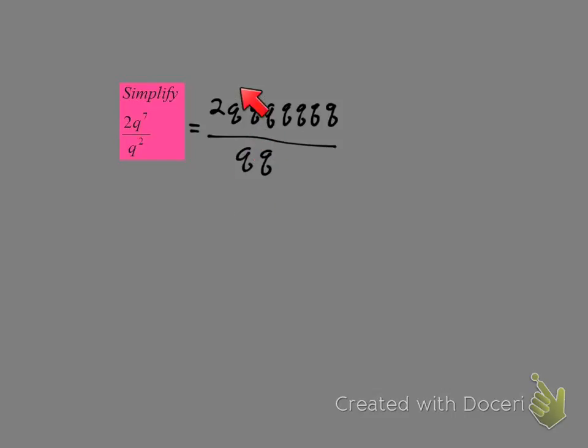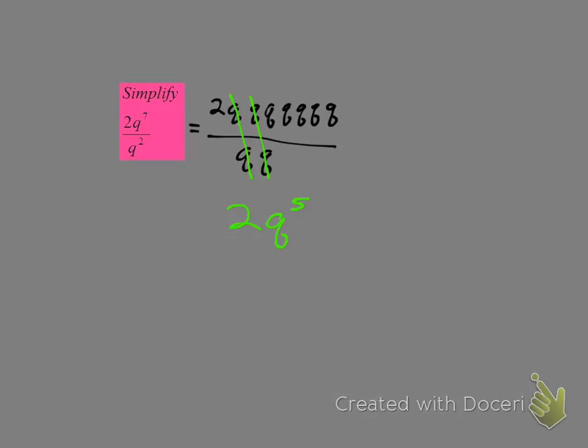You can cancel them out. As they're written, you can cancel them out. So this q and this q cancel. Next q's cancel. And since they cancel out, how many q's does that leave you with? 5. So put them all back together as an exponent, because remember, each base can only be written once. So q to the first times q to the first times q times q times q. 1 plus 1 plus 1 plus 1 plus 1 gives you 5. 2q to the 5th.